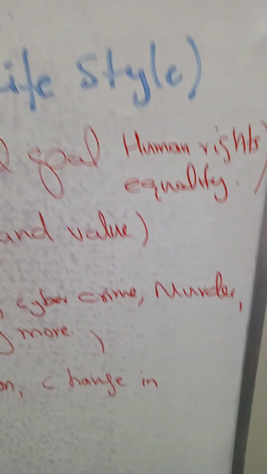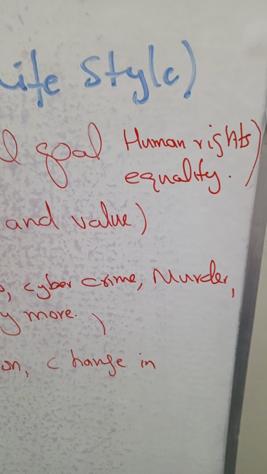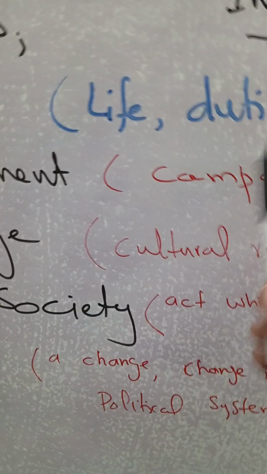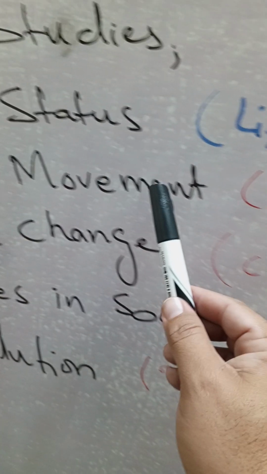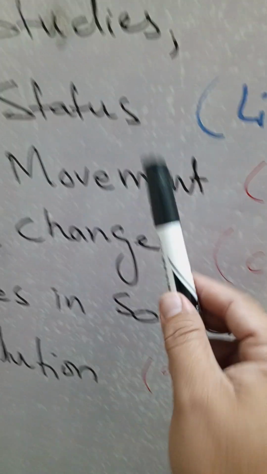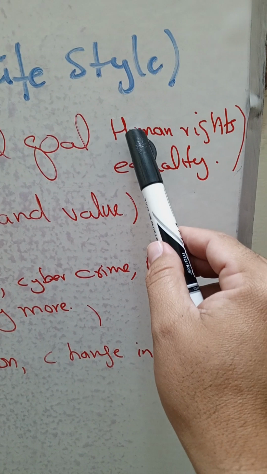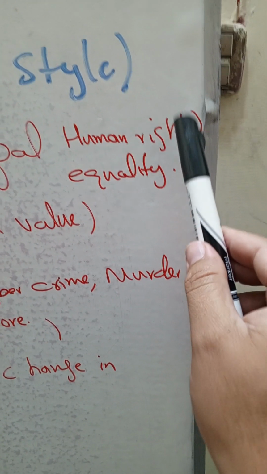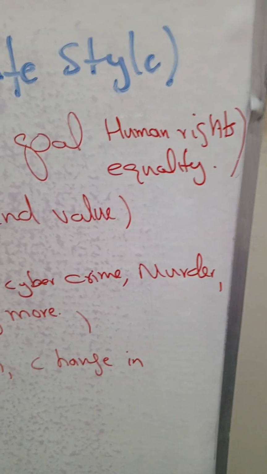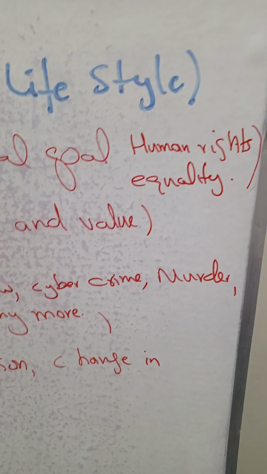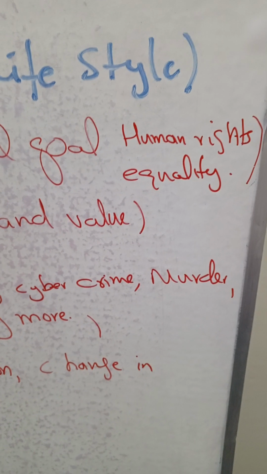Let's suppose there is an issue of human rights in society and your surroundings, then individuals start a movement, and that movement has the goal of providing equality against human rights violations, like in the 60s in America.